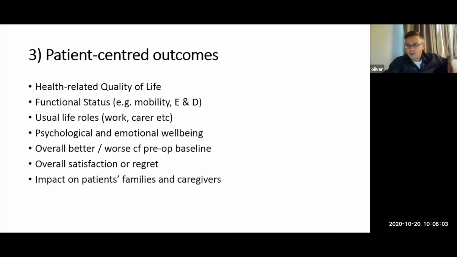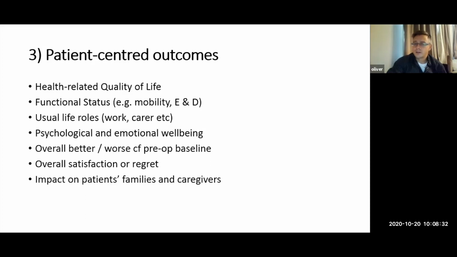So health-related quality of life is a commonly used metric for assessing how well a patient has recovered from surgery. Looking at a patient's functional status, so how quickly they get back to being able to mobilize, things like eating and drinking, those are all things that we also like to measure. Getting back to a patient's usual life roles, so whether that's time off work or getting back to carer roles if they've got family carer duties, as it were.